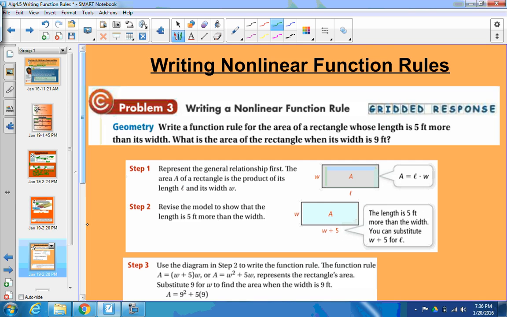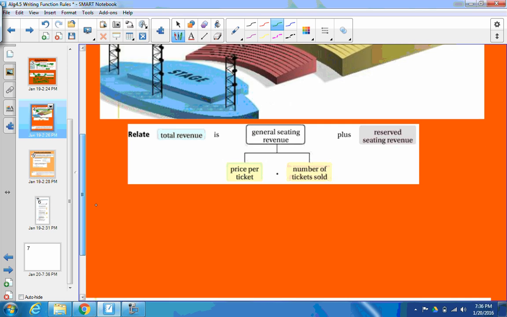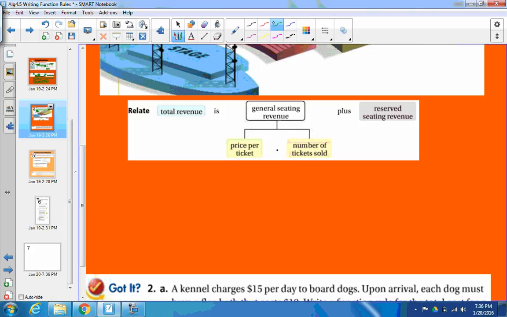So if we take that information, this is obviously going to be an equal sign. And we're adding, so that's going to be plus general seating. We don't know how many tickets are sold, so we're going to say this is N. So the price per ticket is $10 times N plus whatever the reserve seating is.